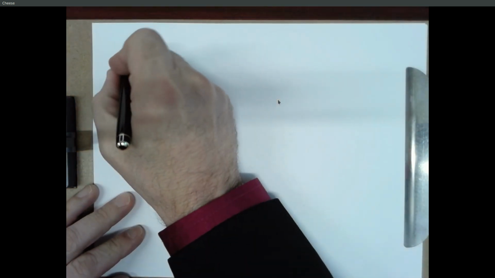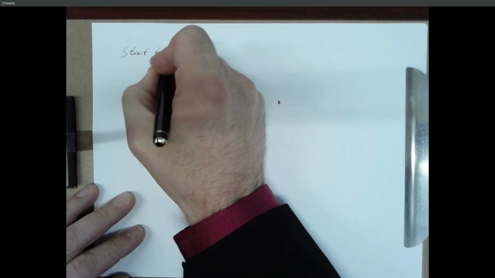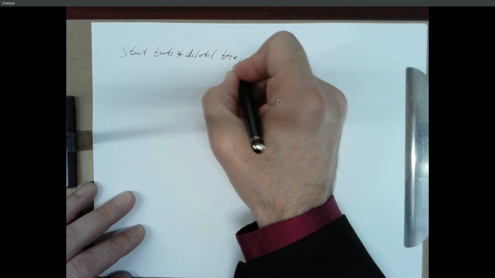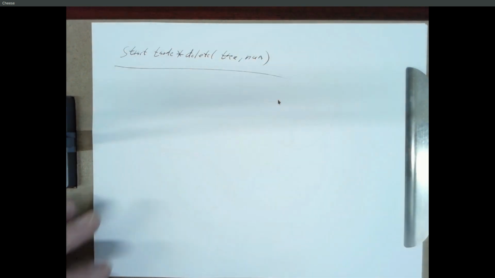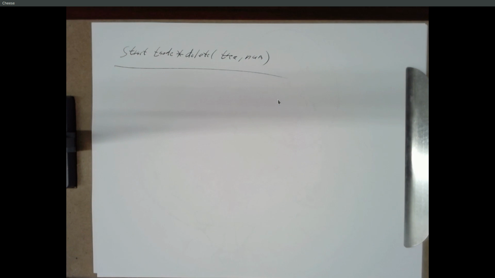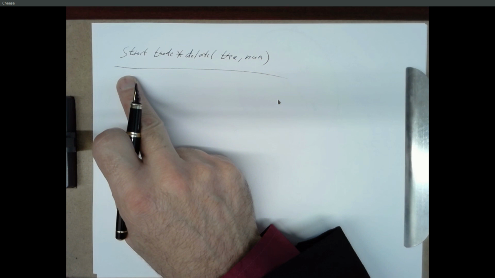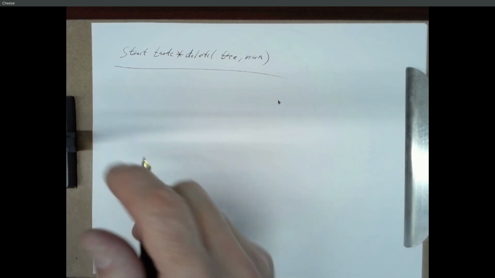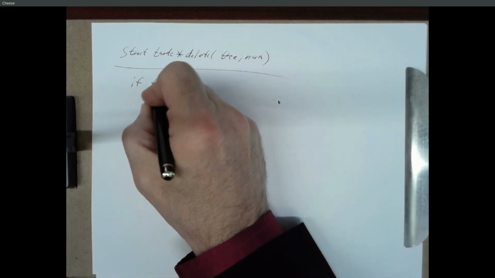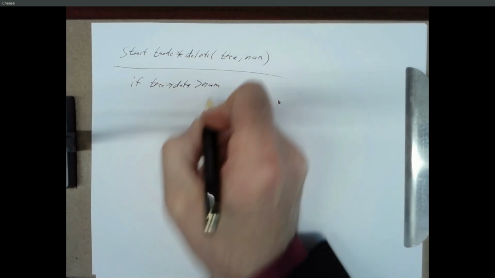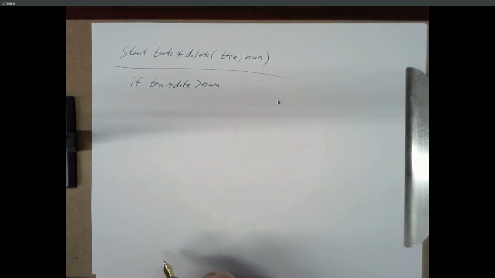So here's what your code looks like. Some pseudocode here. You pass it a struct t node, and you pass it a number, and your delete function returns a pointer to a t node. It returns the root of the tree that you've modified. So if tree data is bigger than num, so your number is smaller than the root, you want to delete from the left.